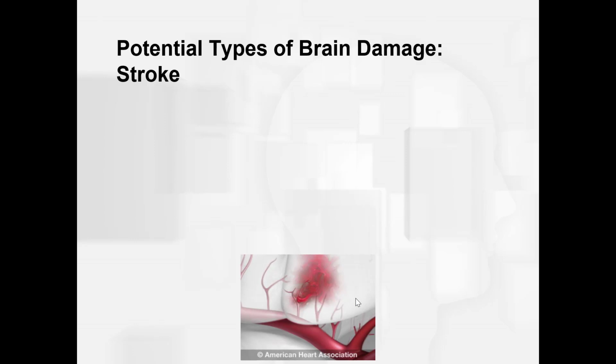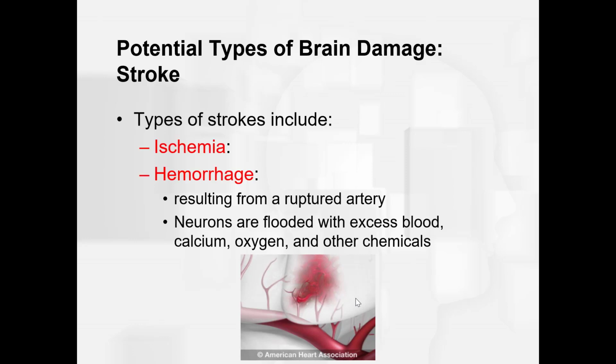Now, what does this one look like? Here, it looks like you have blood going out into the actual tissue. So this would be considered a rupture or a hemorrhage. So you have a ruptured artery, a blood vessel that's been ruptured, and the neurons are flooded with excess blood, calcium, oxygen, other chemicals, all sorts of things that the blood-brain barrier normally protects the brain from, or doesn't expose the brain to in such large amounts.